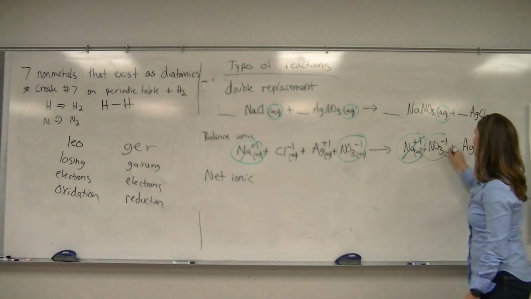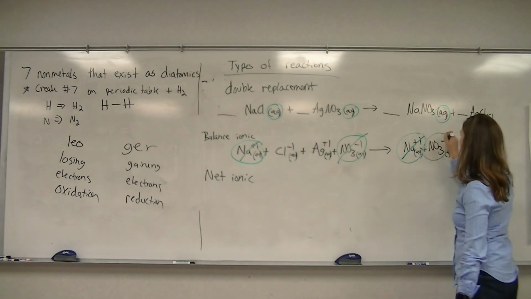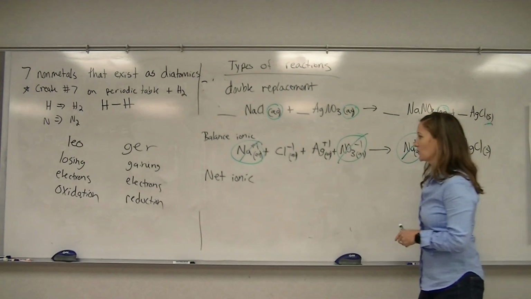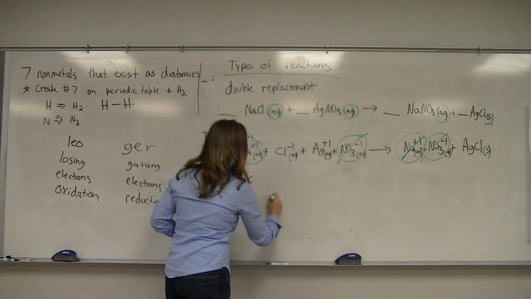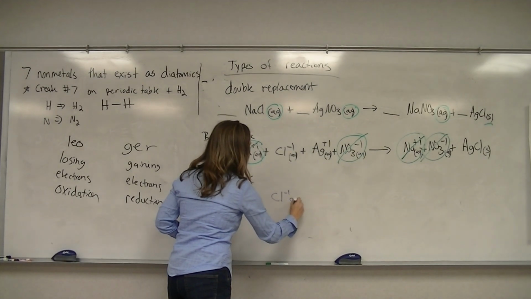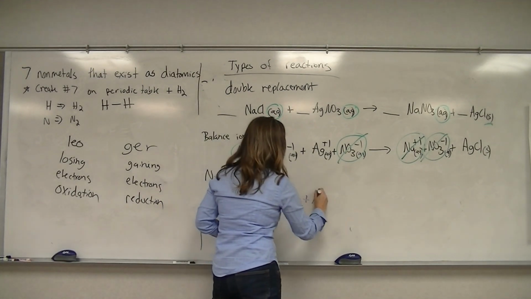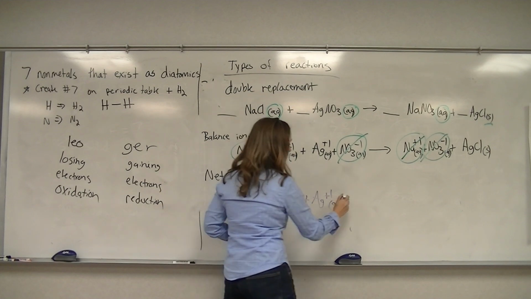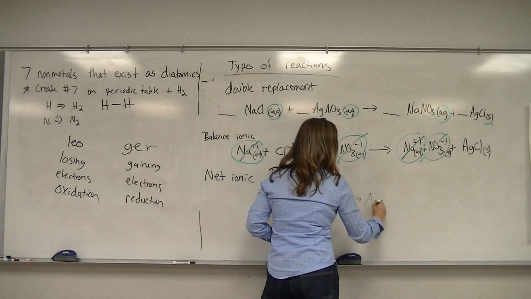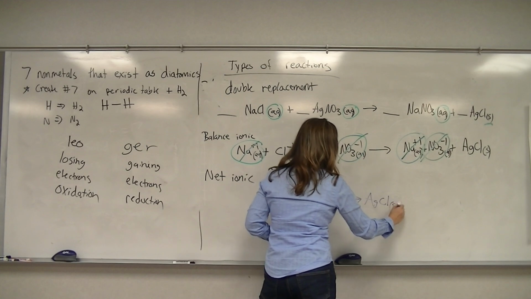NO3, those ions are on both sides, so I cancel that. So to write my net ionic, I write what's left. I have chlorine, aqueous, plus a silver ion, aqueous, to form silver chloride, solid.